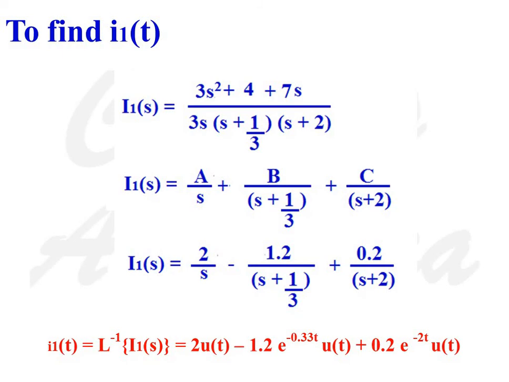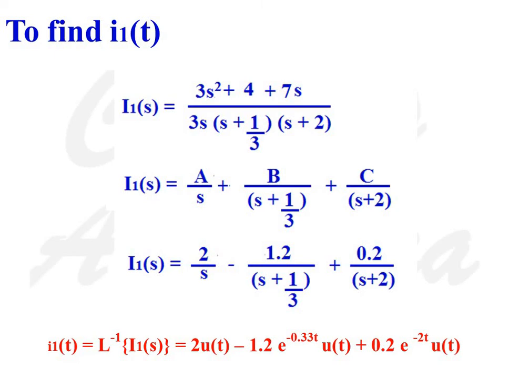So we will get I1 of S is equal to 2 by S minus 1.2 divided by S plus 1 by 3 plus 0.2 divided by S plus 2.